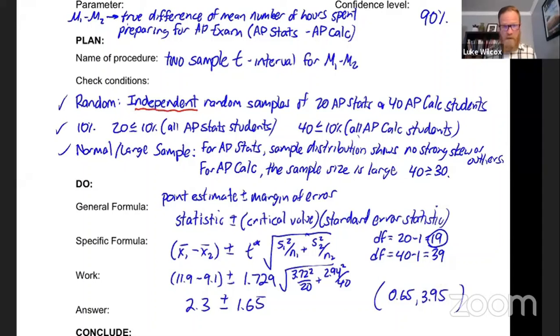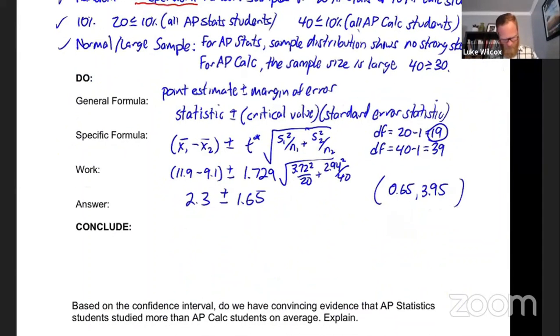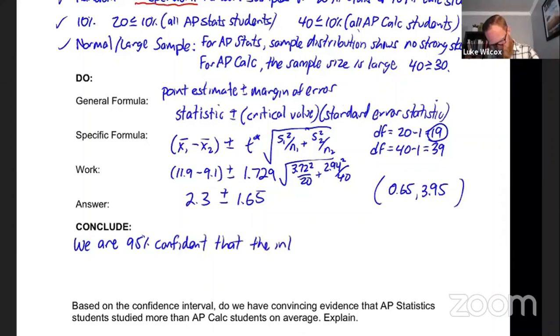And I think we are now ready to make a conclusion here. All right, so here we go. We are 95% confident that the interval from 0.65 to 3.95. Once again, we need units here because we're trying to estimate a difference of means. Units are hours again.